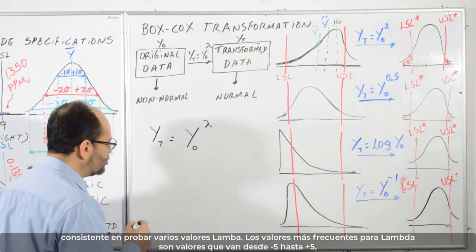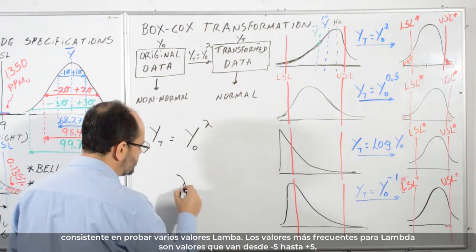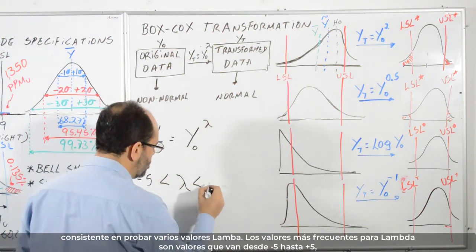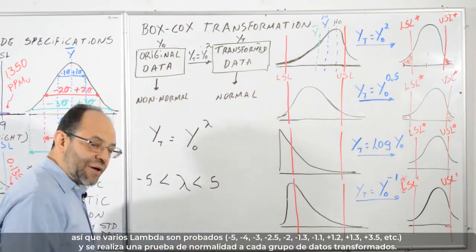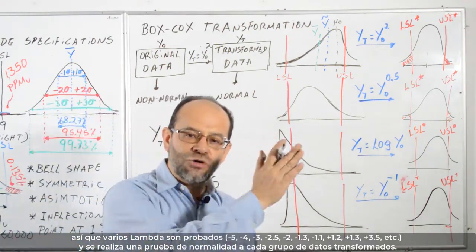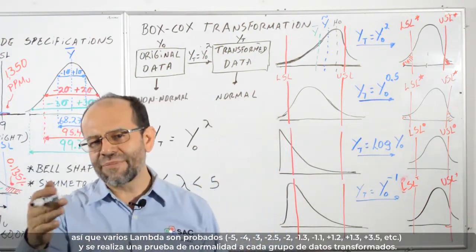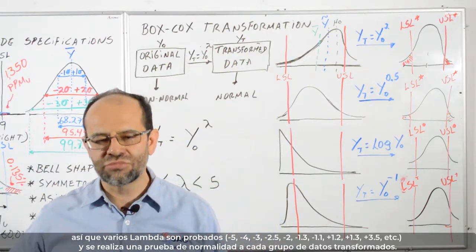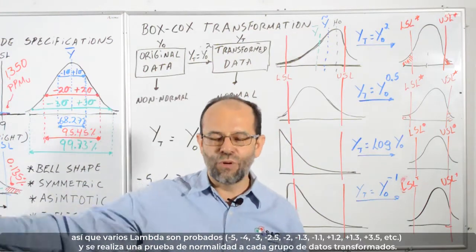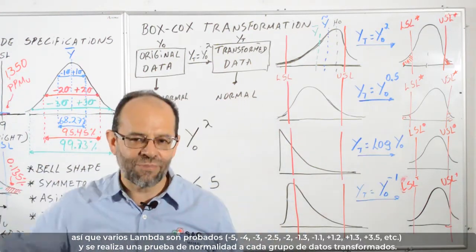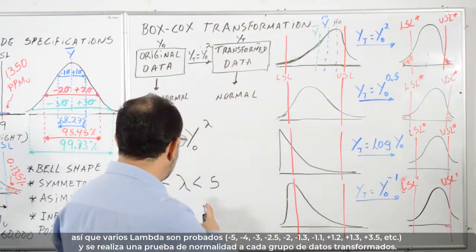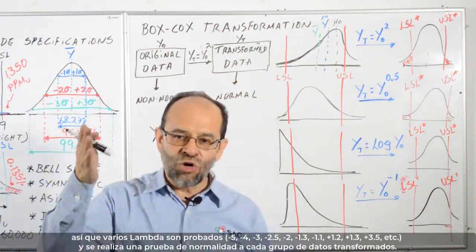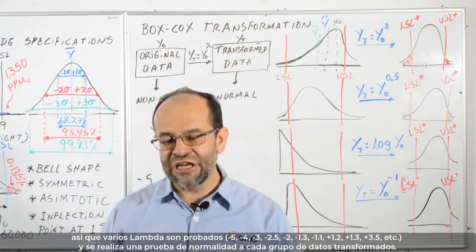The most frequent values for lambda go from -5 to +5, so several values are tried: -5, -4, -3, -2, -2.5, -1.3, -1.1, +1.2, +1.3, +3.5, etc. The normality test is checked for each of them.